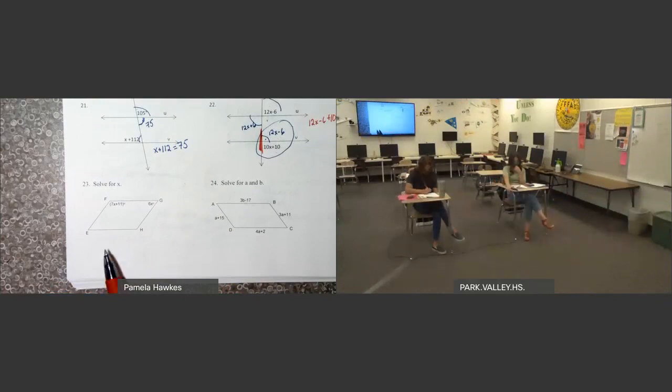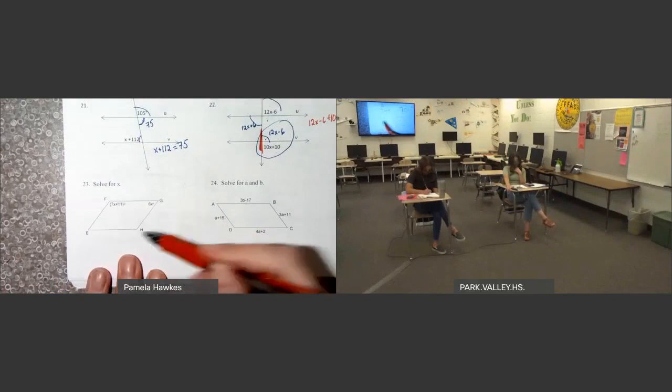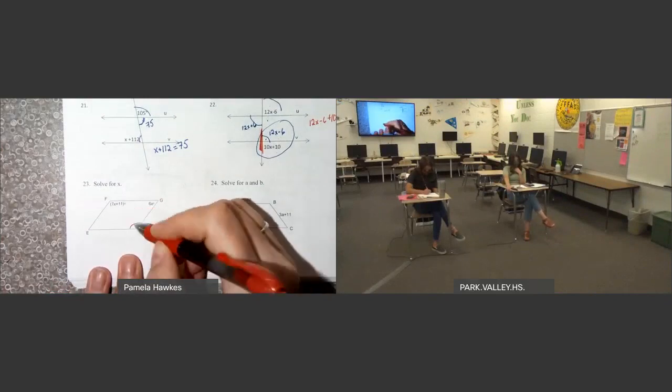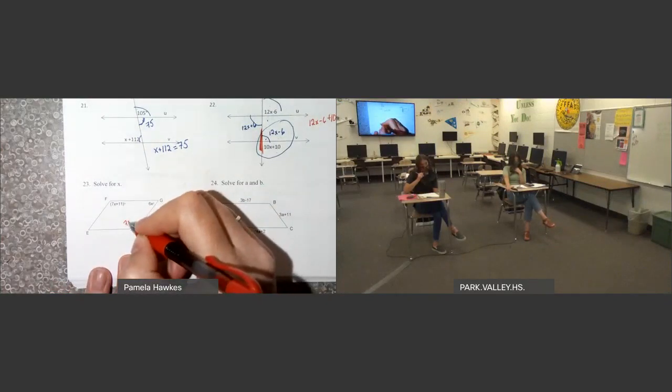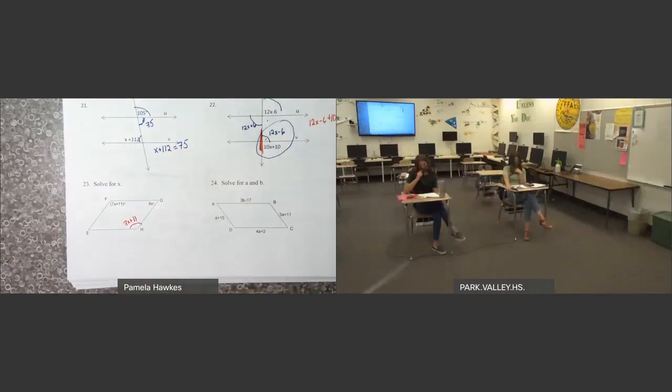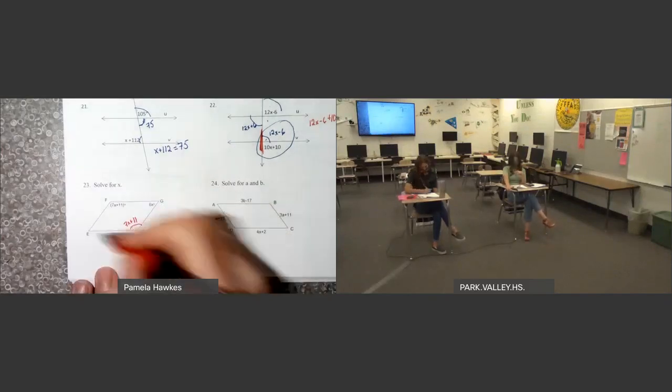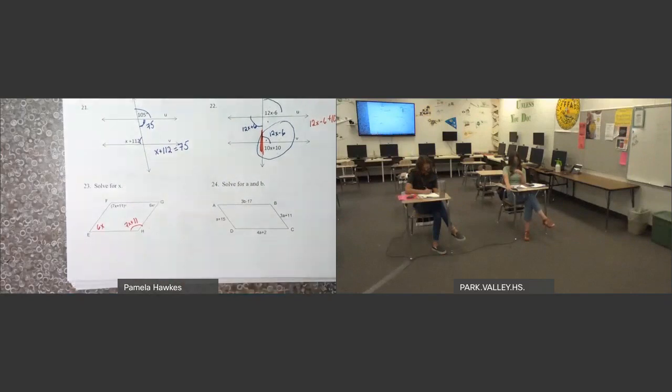F and H are the same. Good. These two are the same, so I could put 7x plus 11 down there. And then G and E are the same. So this is 6x, okay? And then the whole thing equals 360.